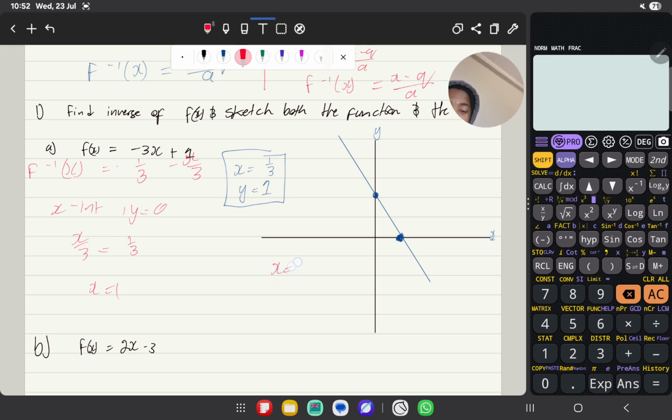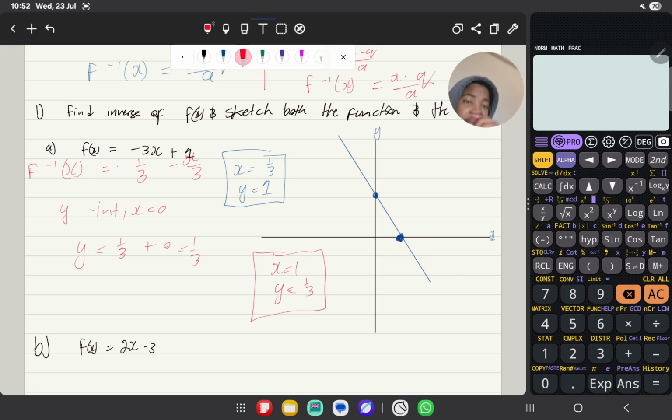So we have x equals 1, right? Cool. And then for the y-intercept, x equals 0, so y equals 1 over 3 plus 0, 1 over 3, so y equals 1 over 3, right?